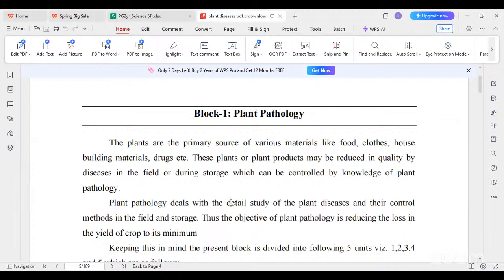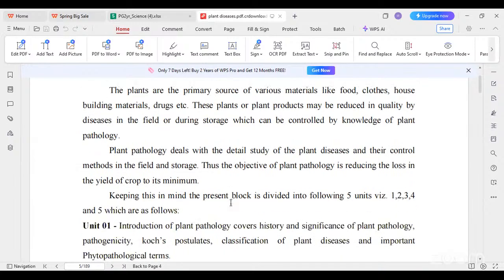Plant pathology deals with the detailed study of plant diseases and their control methods in the field and storage. Thus, the objective of plant pathology is reducing the loss in the yield of crops to a minimum.